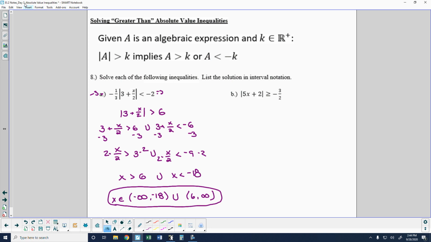So I'm going to split this into two equations. So 5x plus 2 is greater than or equal to negative 3 halves, or 5x plus 2 is, sorry, not greater than, but less than or equal to positive 3 halves.